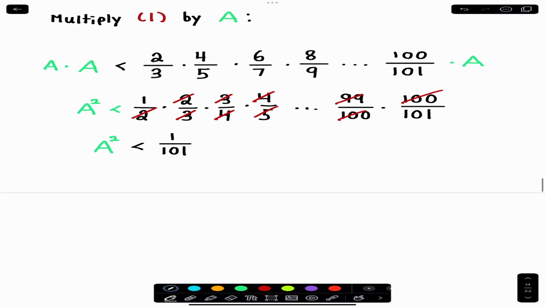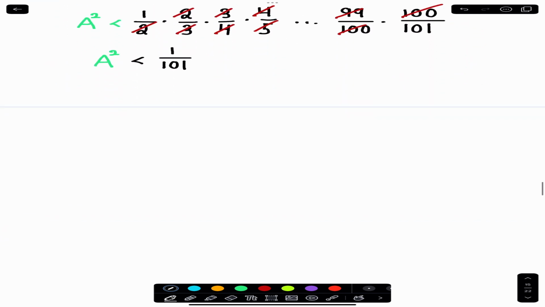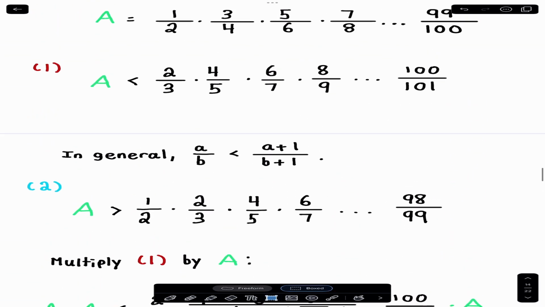We're going to do the same thing for equation number 2. So we're going to take equation number 2 this time, and we're going to multiply it by A. This time I'm going to have to copy equation number 2 over here.